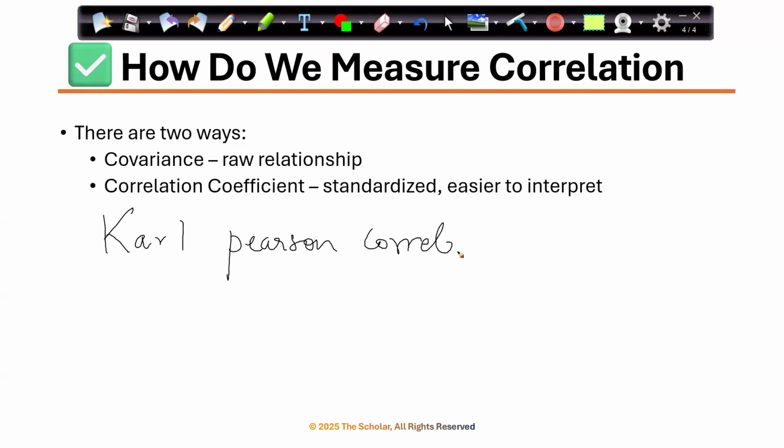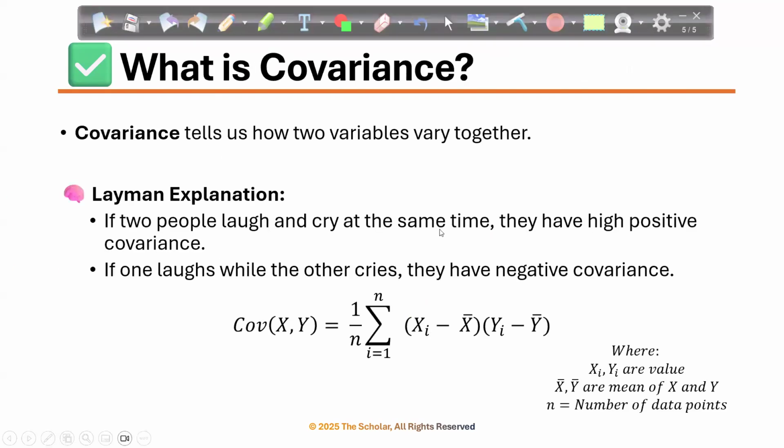So these are the two measures which we have for calculating the correlation. Now, how can we do that? We'll try to understand this.